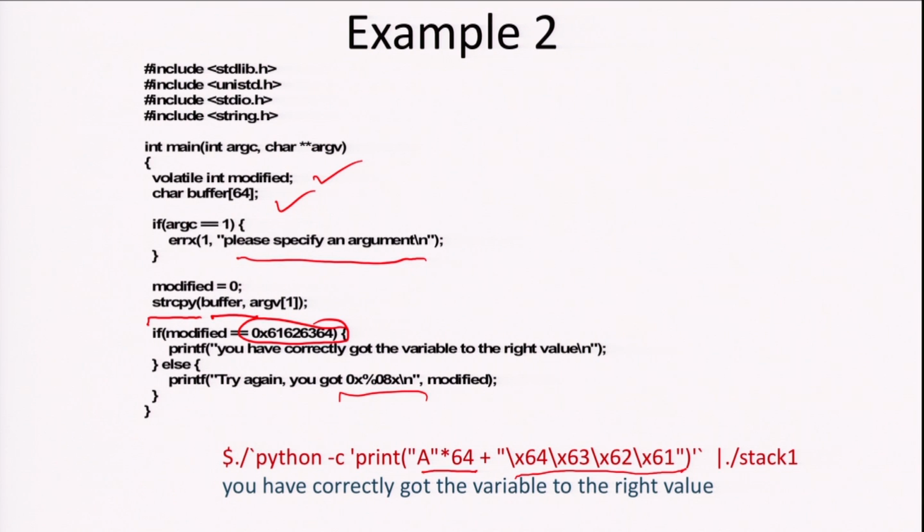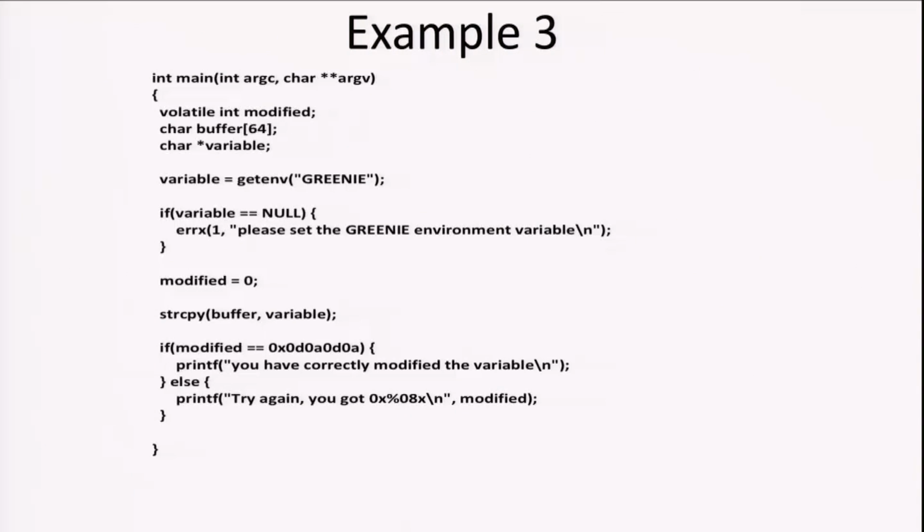Then we take this string, its command line argument, and pass it to this executable from this program, and this executable is called stack1, and you will see that you will have changed the variable modified to that specific value.